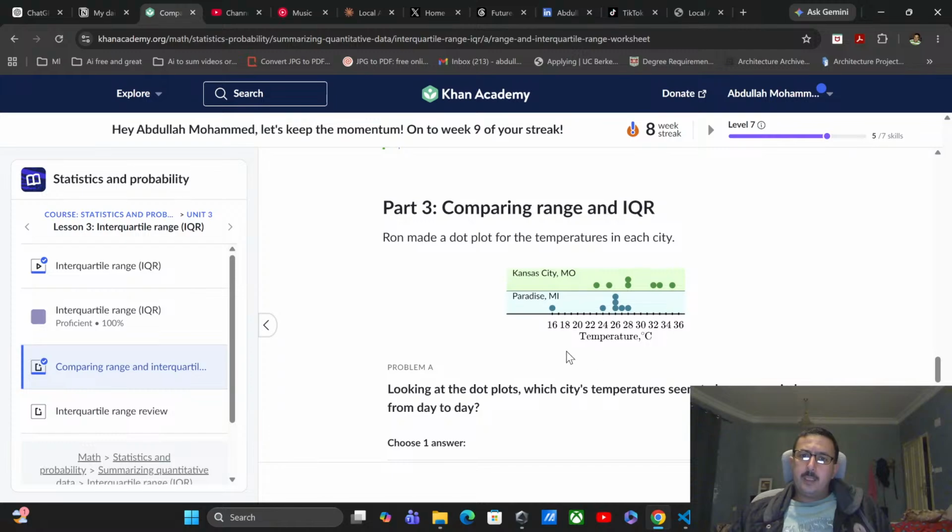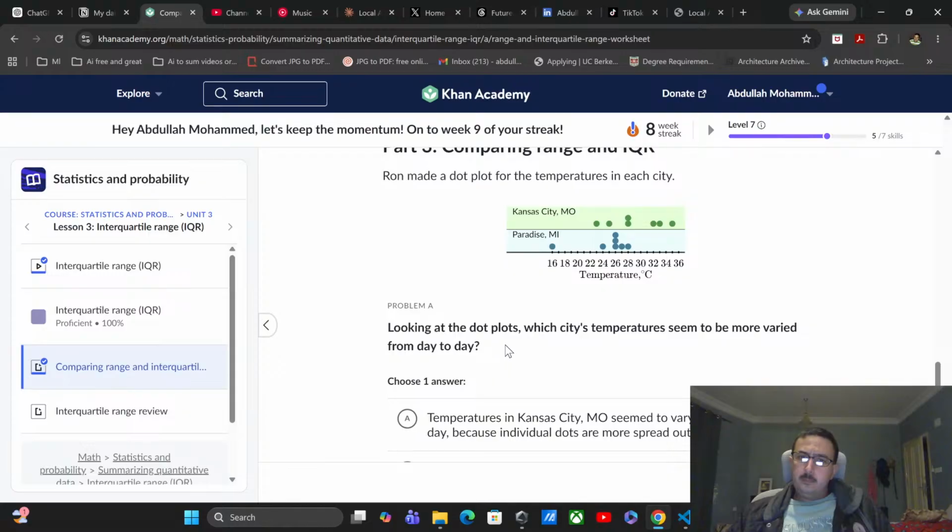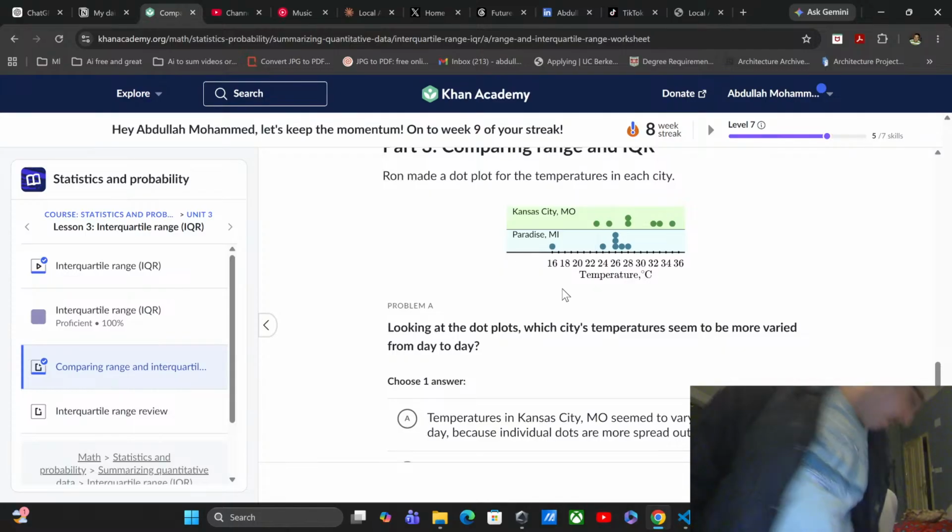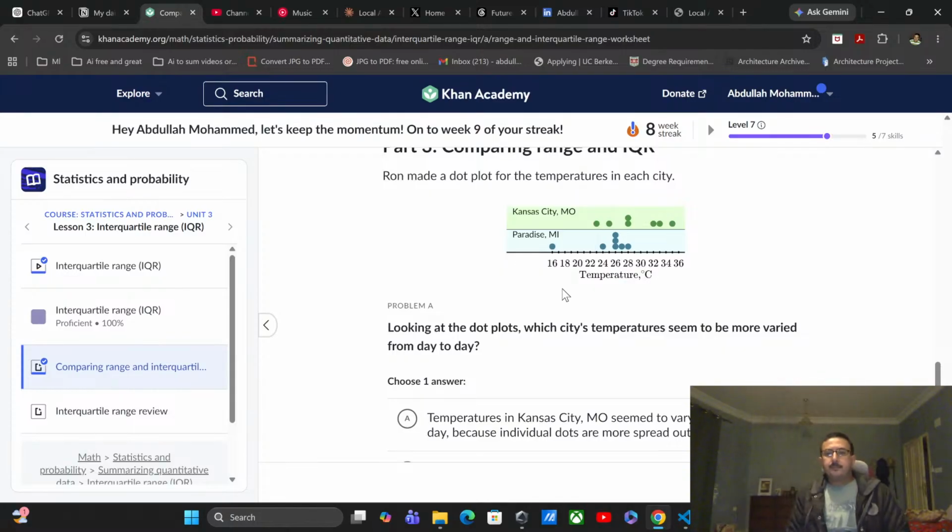Okay, comparing range and IQR. On day to day. Well, we got an outlier here.